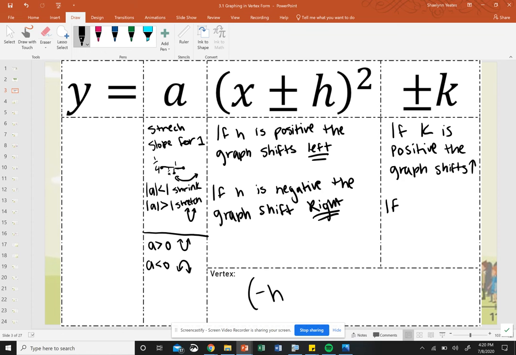And then if K is negative, the graph shifts down. So then it's going to be negative H, comma, K, whatever the K is. That's going to be your vertex.